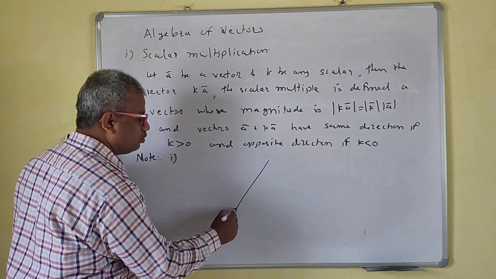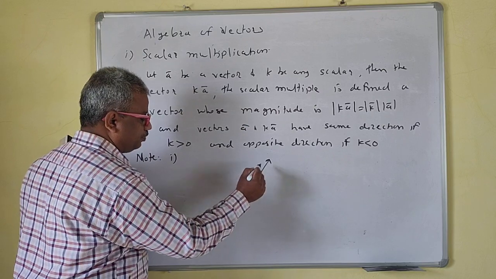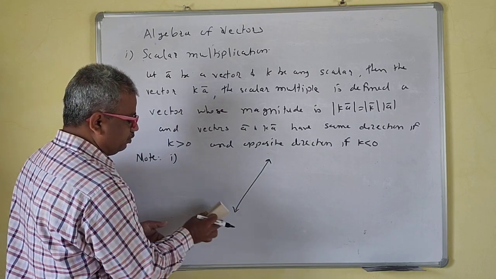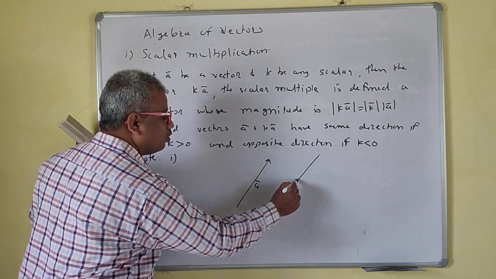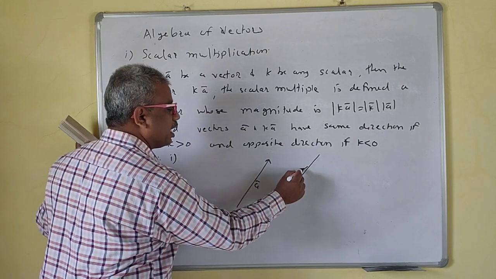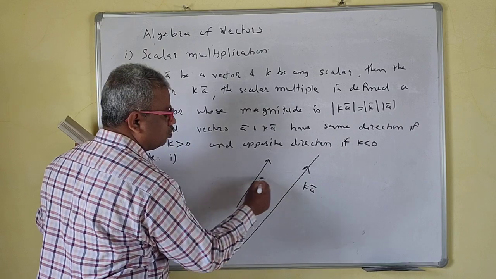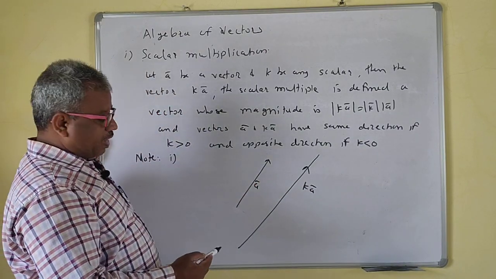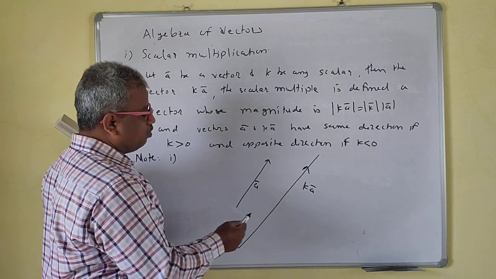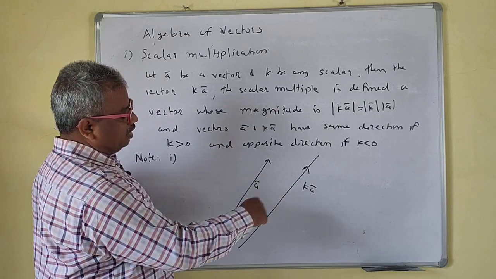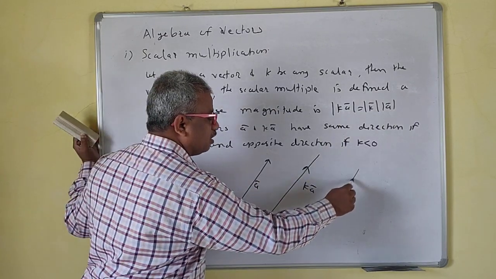That means, suppose this is a bar, with some direction. And this is k a bar, which should be parallel. See, their direction is the same.